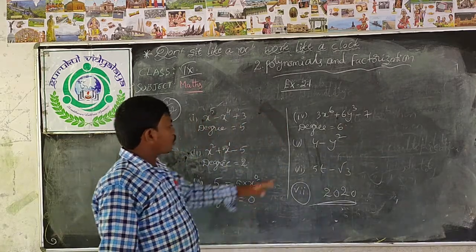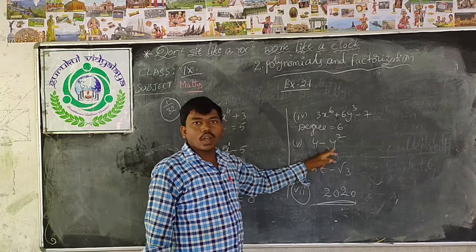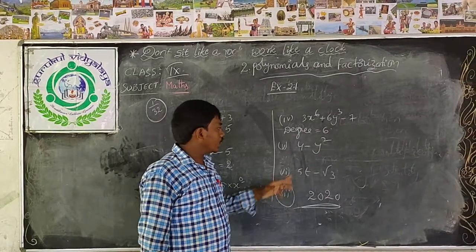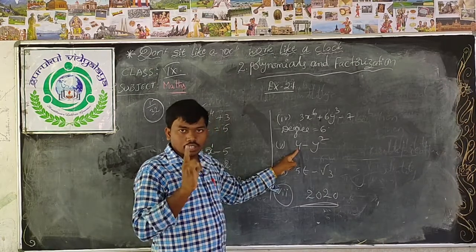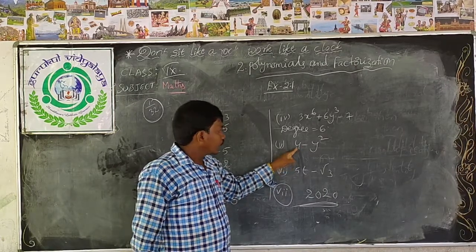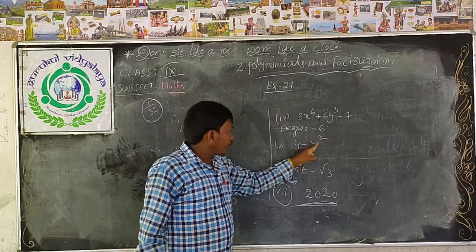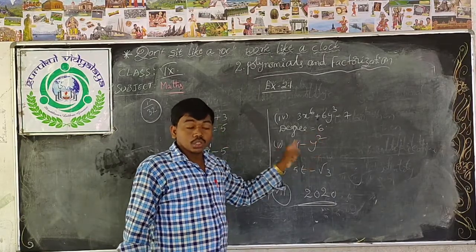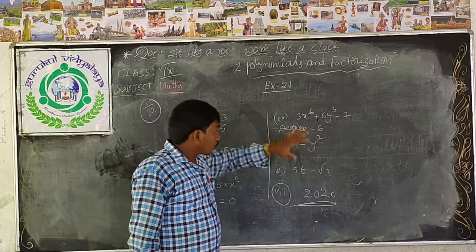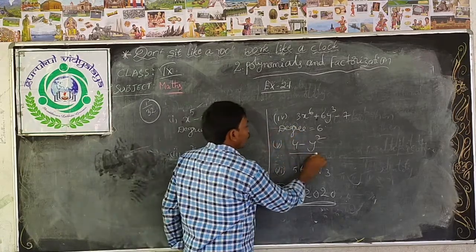The next one, the fifth one, 4 minus y square. What is the degree of 4? Is it a constant number? Yes. The degree of 4 is 0. The degree of y square is 2. So what is the highest? 2. The degree of the total polynomial is 2.